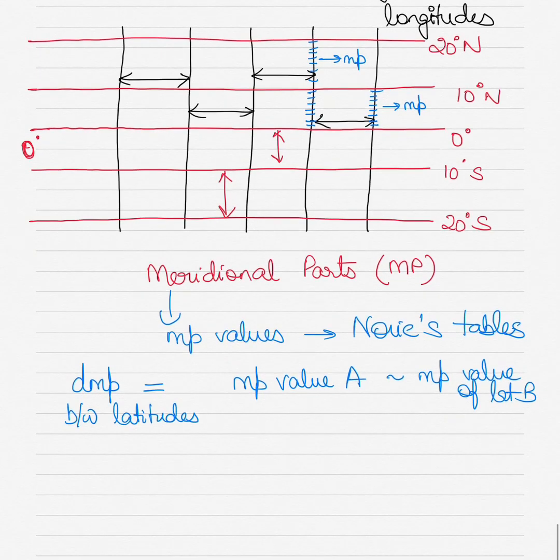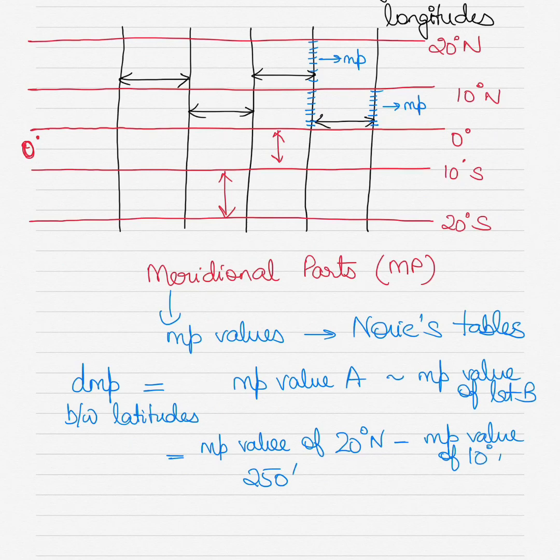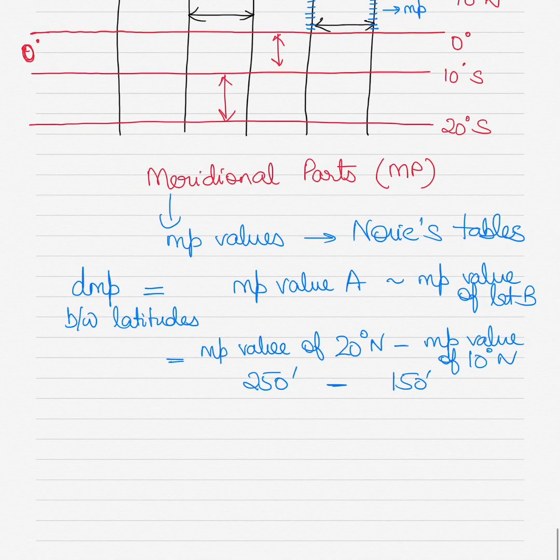So for example, let's see here, the MP value of 20 degrees north was say 250 minutes, and the MP value of 10 degrees north is 150 minutes. So to find the DMP between 20 degrees and 10 degrees north, I will subtract the two and get the answer as 100 minutes.